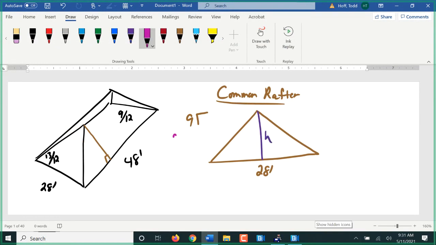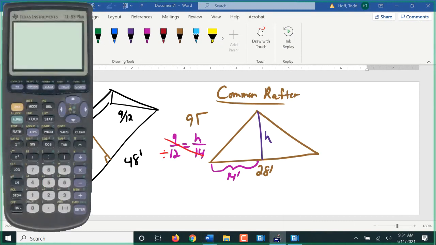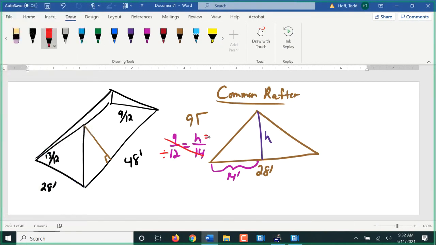Find that height. 9/12 equals h over the run here, which will be 14 feet. So we cross multiply and divide to get that. 9 times 14 divided by 12 is a 10.5 foot height.